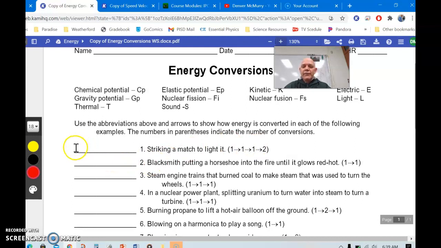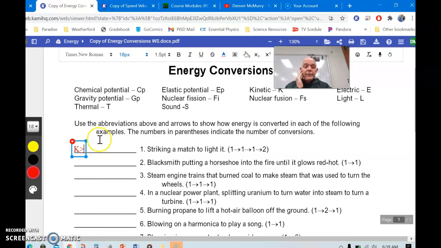So the first thing, if you strike the match, first of all, you're going to be moving the match, so that's going to be kinetic energy, K, sorry, just K for this one. And then that's going to go to, and I'm just going to use a little arrow because I don't think I'm going to have room otherwise, K, kinetic energy, that'd be your first one.